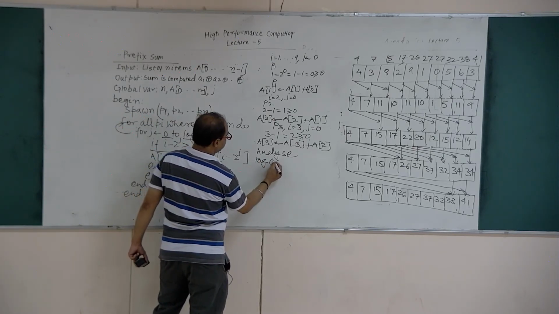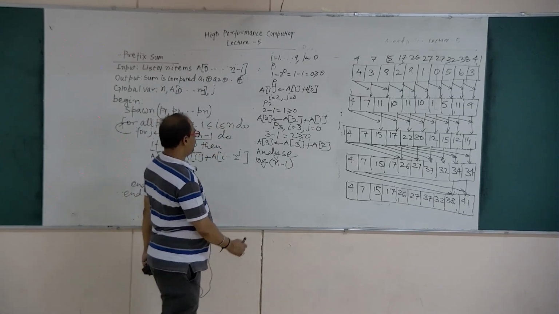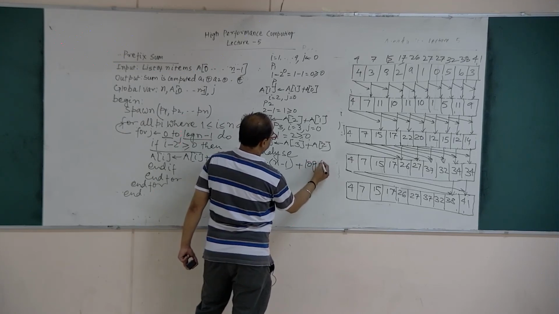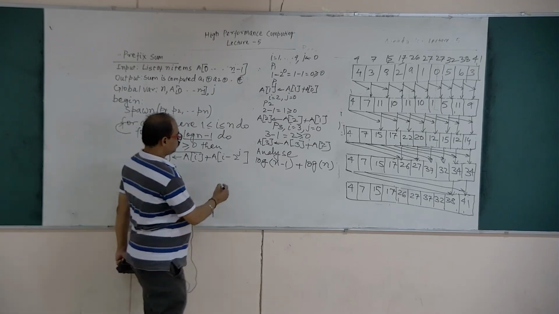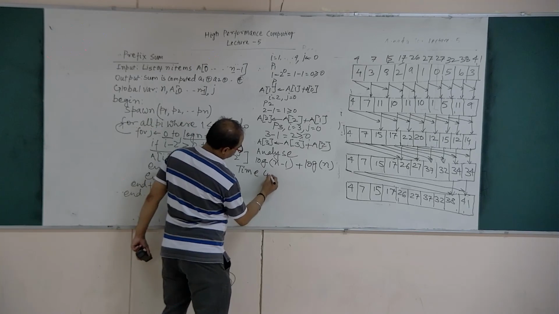It uses n minus 1 processors, so it will take log n time, and the addition is performed log n times. So the total time complexity of this algorithm will be log n.